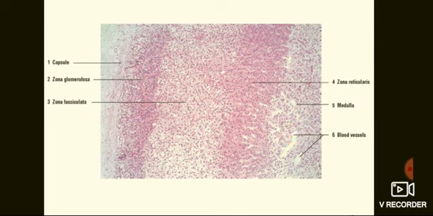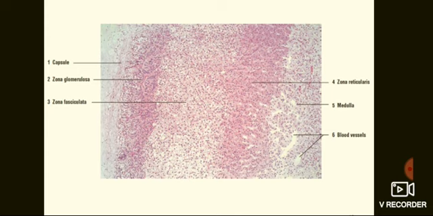Now the hormones secreted by the adrenal medulla, there are two hormones, epinephrine and norepinephrine. 20% is norepinephrine and 80% is epinephrine, secreted by the adrenal medulla, and these hormones produce effects of the sympathetic nervous system to prepare the body for the fight or flight mechanism.